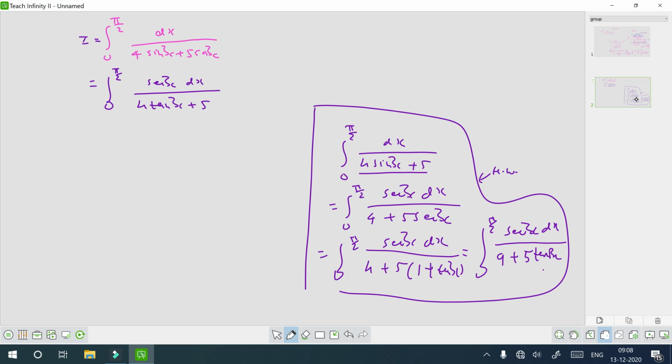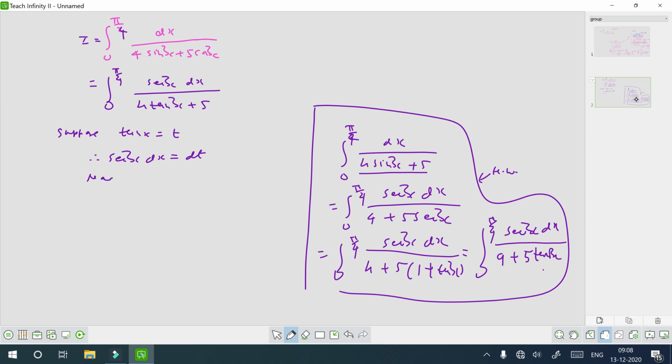Now let us try to solve this sum. Suppose tan x is equal to t, and therefore sec square x dx comes out dt. Clear? So here not pi by 2 but pi by 4. Sorry, 0 to pi by 4.